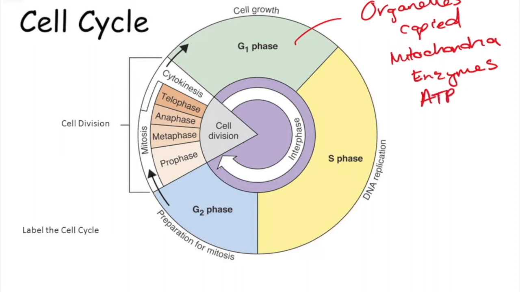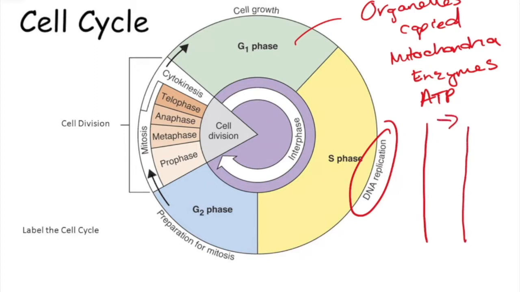In S phase, it's just copying DNA. So we're going to take all the DNA, all the strands of DNA, and we are going to copy so that we're going to have two strands of DNA. And they're going to be linked together by something called a centromere.